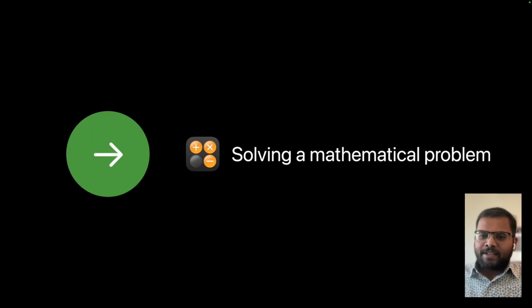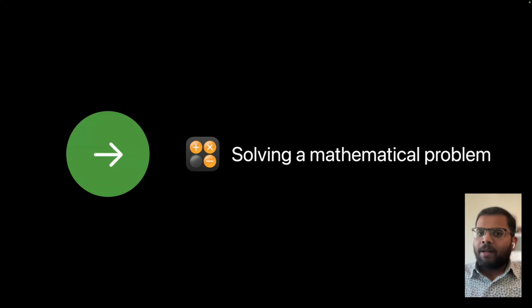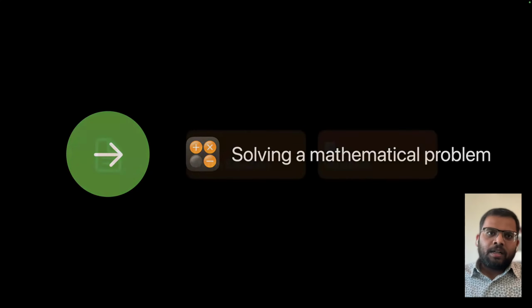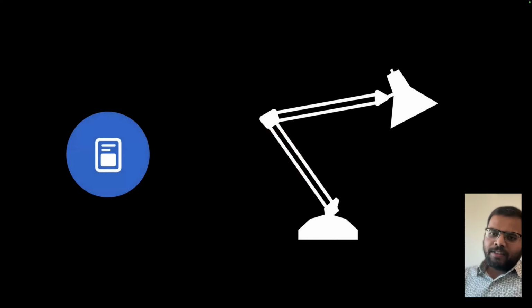So I set out to design something with the action-centered framework. How can I make this easier for students? That's the action: solve a mathematical equation. For that, you need a mathematical equation and the variables you're looking for. And the interface itself could be something completely different.